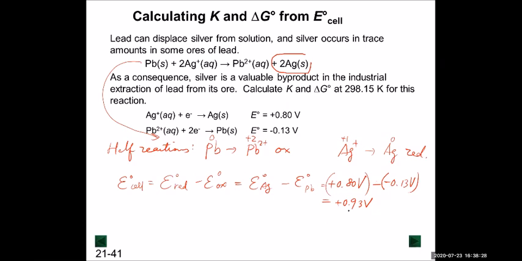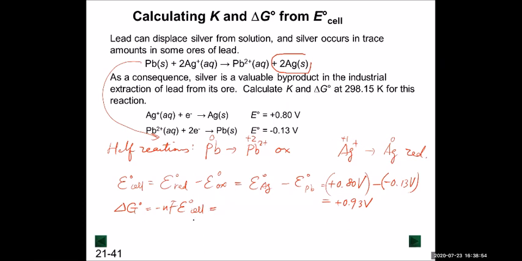So that's this. And to calculate K and delta G, we have those equations in the last slide. Let's do delta G first, because that equation is much easier. This is how we calculate free energy change.